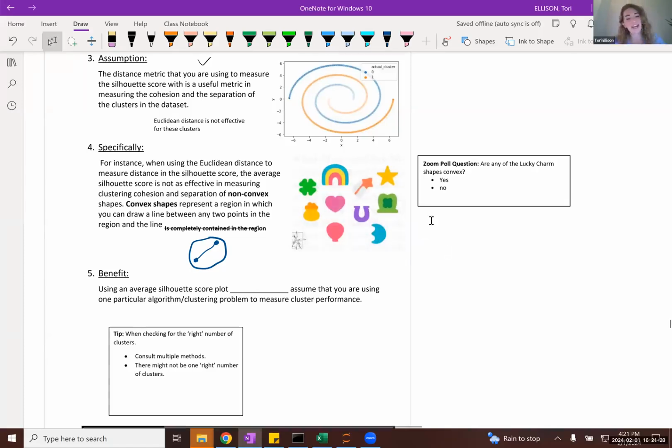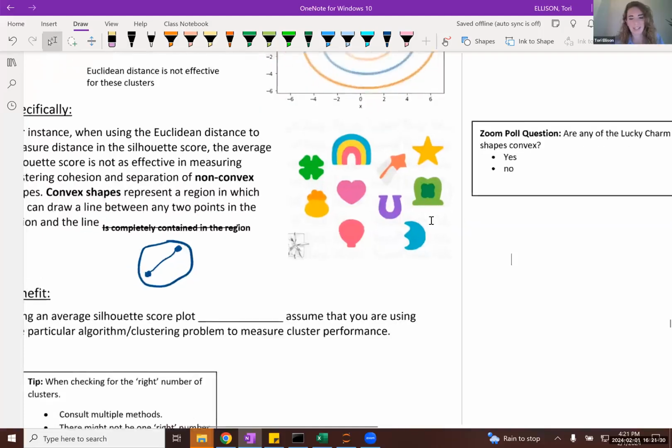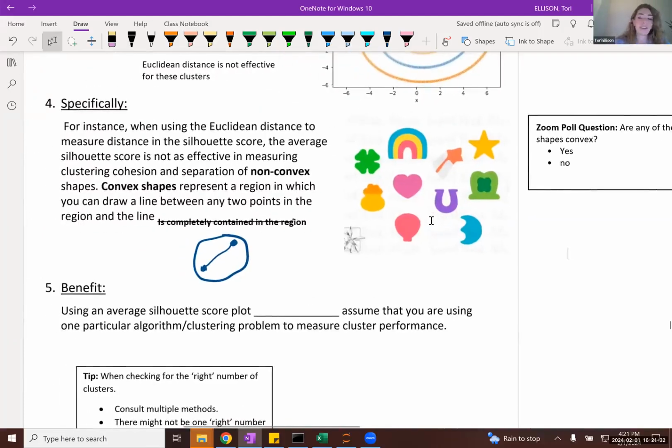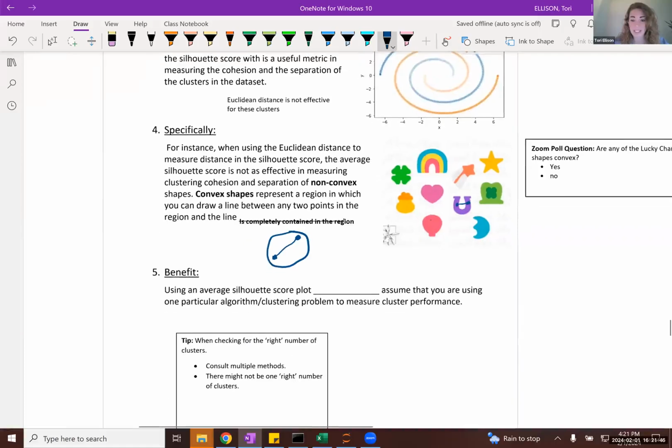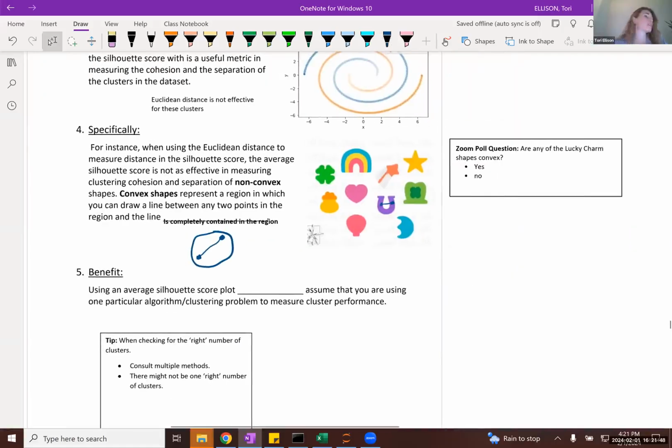So for instance, let's take a look at this horseshoe shape. It's a lucky charm. I can see that this is not a convex shape because there exist 2 points in the shape such that when I draw a line between these 2 points, there are points in that line that are not within the shape.